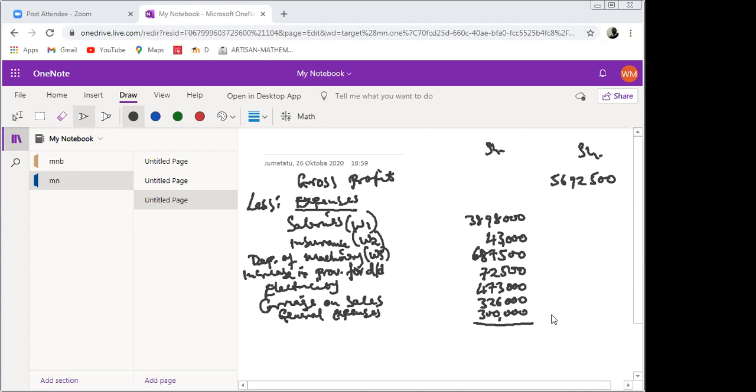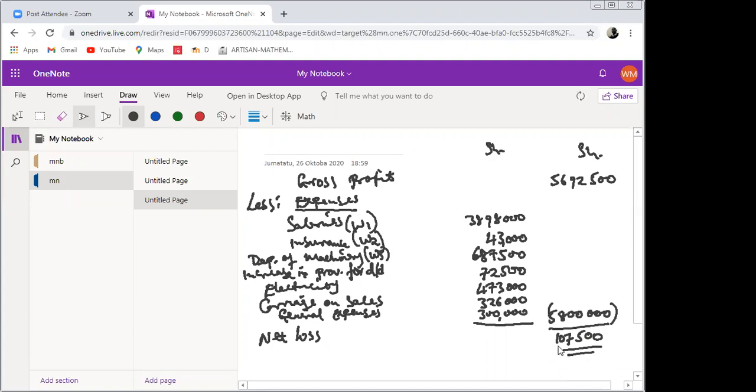$5,800,000. So 5,800,000 are the total expenses. You minus from this. So it's going to be a net loss of 107,500.